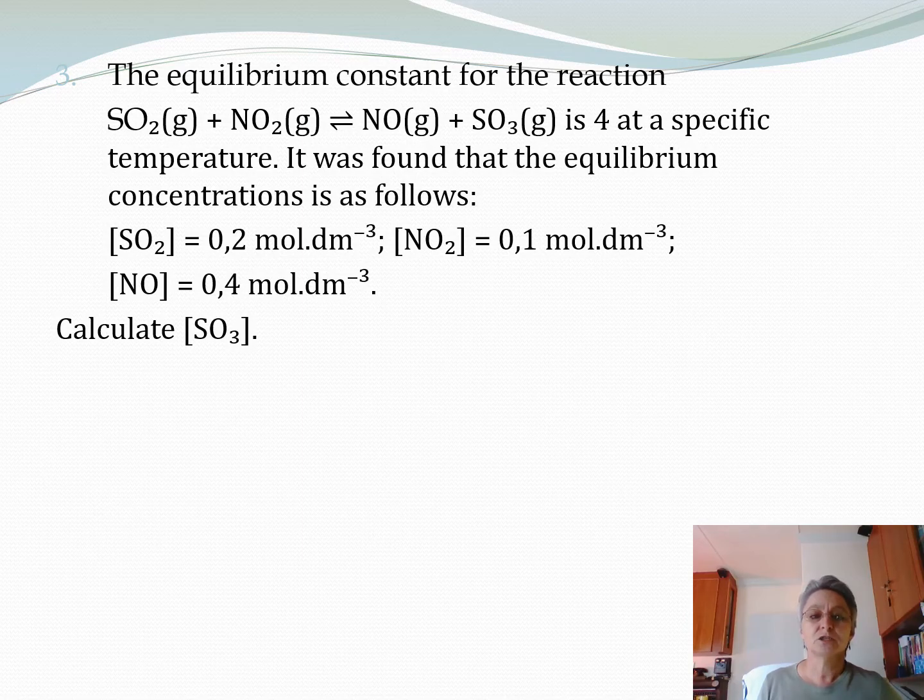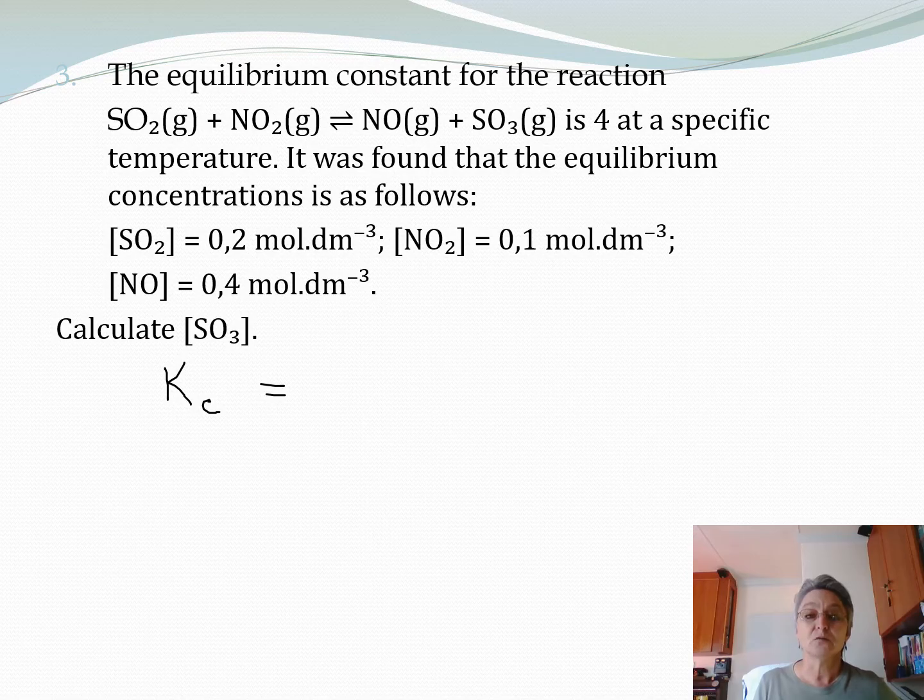The concentration of sulfur dioxide is 0.2 mole per cubic decimeter, nitrogen dioxide is 0.1 mole per cubic decimeter, and nitrogen monoxide is 0.4 mole per cubic decimeter. They want us to find the concentration of sulfur trioxide.